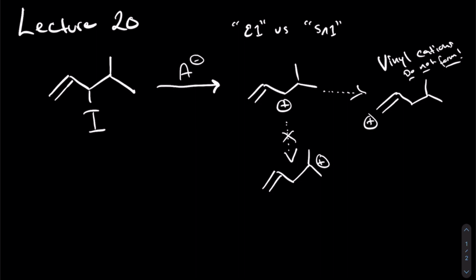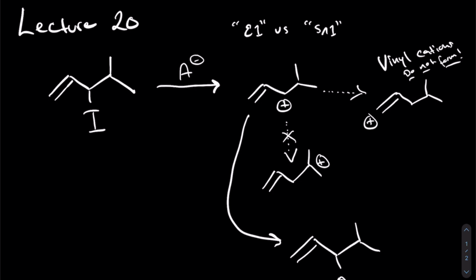So our reaction is probably going to go from that substrate, which means that in an SN1 type reaction, our final product would be just a substitution of that iodine with the nucleophile in that particular case.